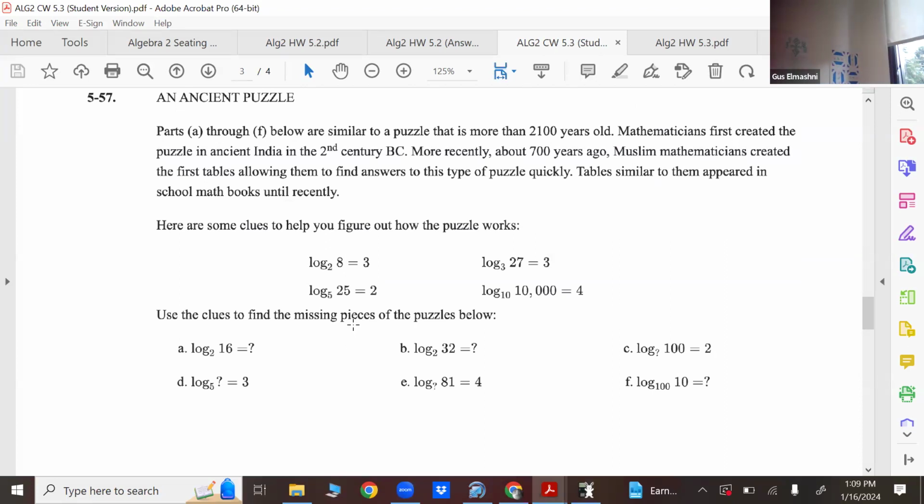That's because 25 equals 5 squared. That's because 10,000 equals 10 to the 4. Every single time that's what's happening here. You're simply taking the subscript and raising it to the power on the other side. And the answer is what was the input, because the input now comes out. Inverses, that's all that's happening here. We're going to do more of this in just a second.